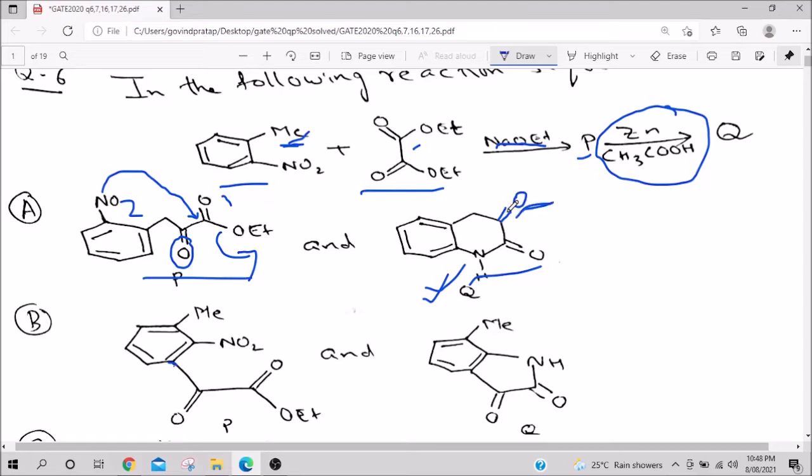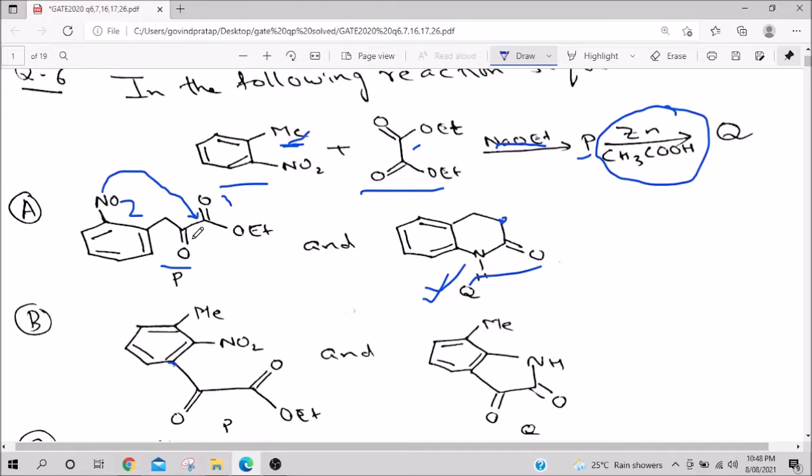What I can understand from this answer is this C double bond O is becoming CH2. To convert C double bond O into CH2, there are only 2 ways. One way is Wolff-Kishner reduction, that is NH2NH2 and KOH, basic condition with hydrazine.